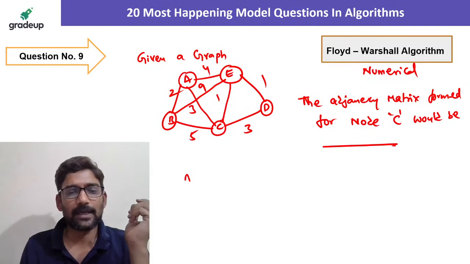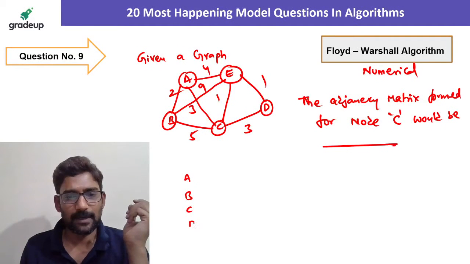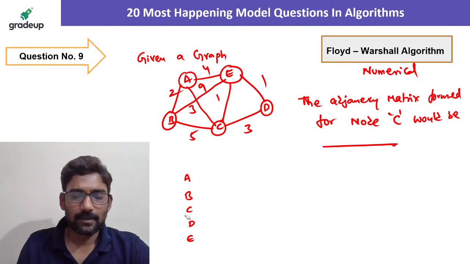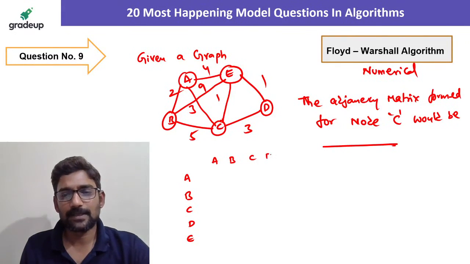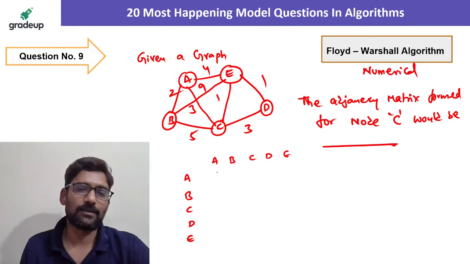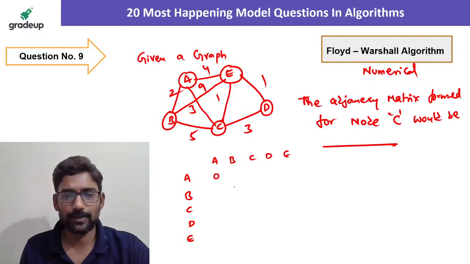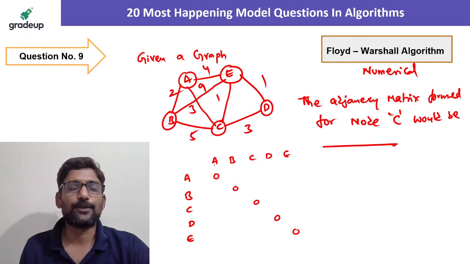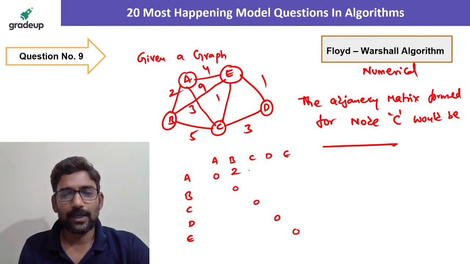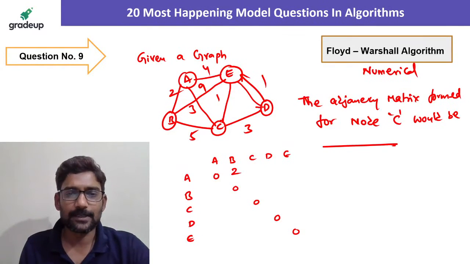So first you will take the default adjacency matrix. 5 nodes are there. The default adjacency matrix, this is what the initial adjacency matrix: A to A 0, B to B 0, C to C 0, D to D 0, E to E 0, A to B 2, and again you may have these directed edges.